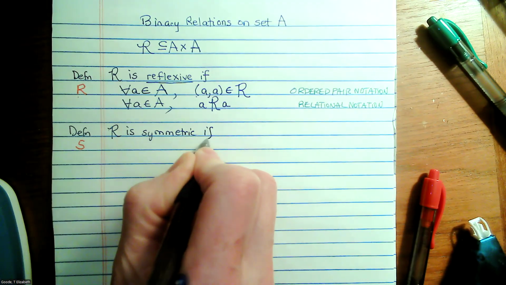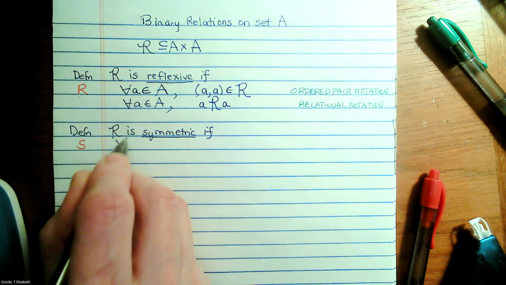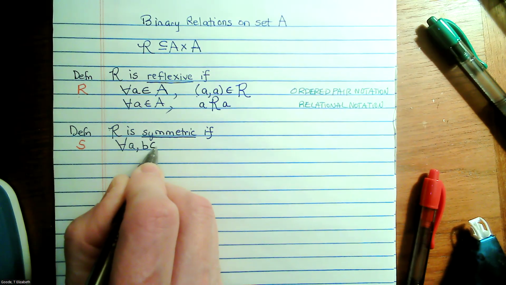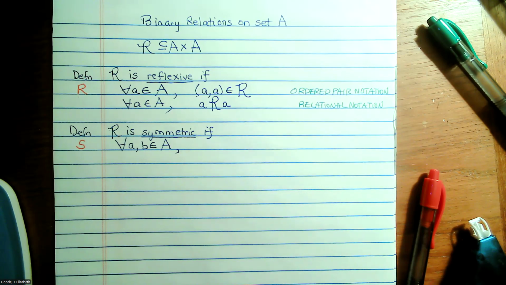if we need two elements, for all elements little a and little b in set big A. Do you remember the if-then definition for symmetry?